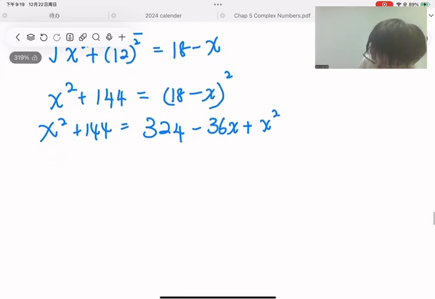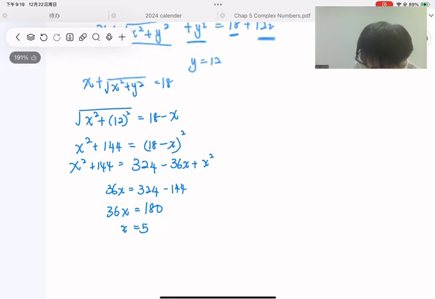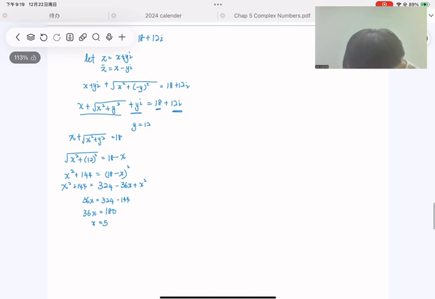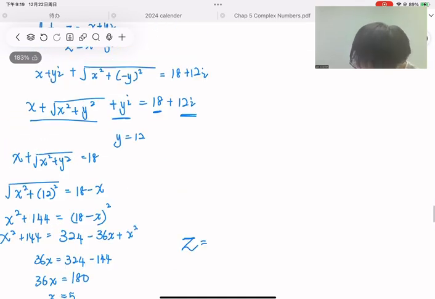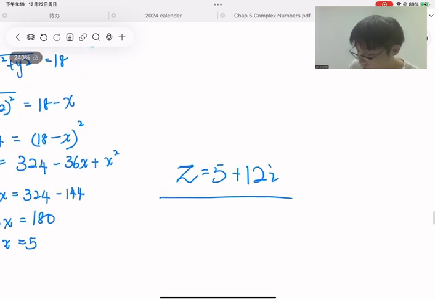So 36x equals 324 minus 144, which is 180. So x equals 180 divided by 36, which is 5. Now we can form z, which is x plus yi, which is 5 plus 12i. So this is the last type of locus, where the locus is a point.